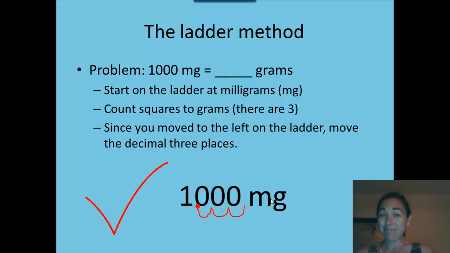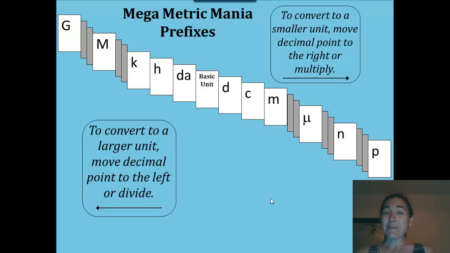Got it? Alright, now I want to look at the ladder again. You see those purple boxes? Well, each one of those purple boxes also counts as a factor of 10, but they're just not named. For example, if I wanted to go from milli to micro, I would go 3 boxes.